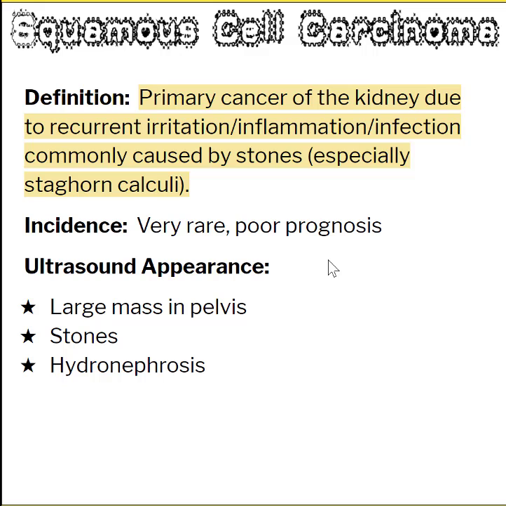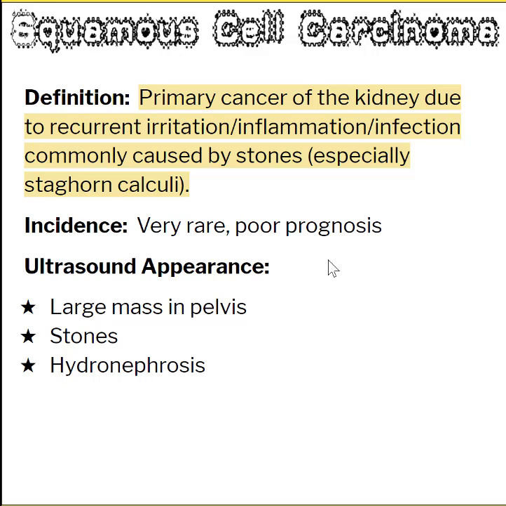And so that process happening over and over again does eventually damage the lining of the collecting system, and once cells are damaged and try to reproduce a lot, they have a potential to not reproduce the same way and turn into a cancer. And so that's why we see squamous cell carcinoma in people that commonly have recurrent stones.